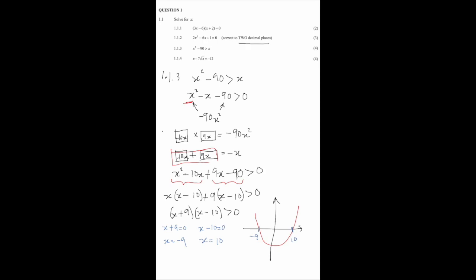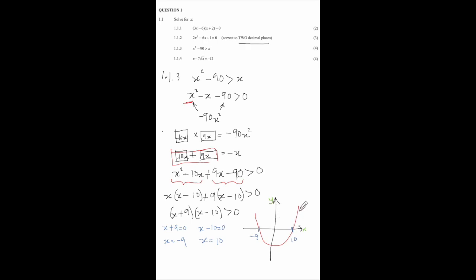So then we can see that all of this is said to be greater than 0. Greater than 0, we are talking about positive y values, right? Which part of the function here would have positive y values? What I'm looking for is the part of the graph which is above the x-axis. I know this is my x-axis, this is my y-axis.